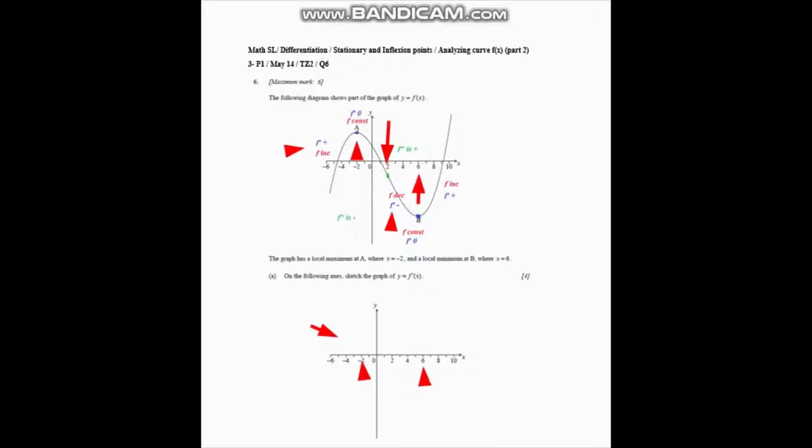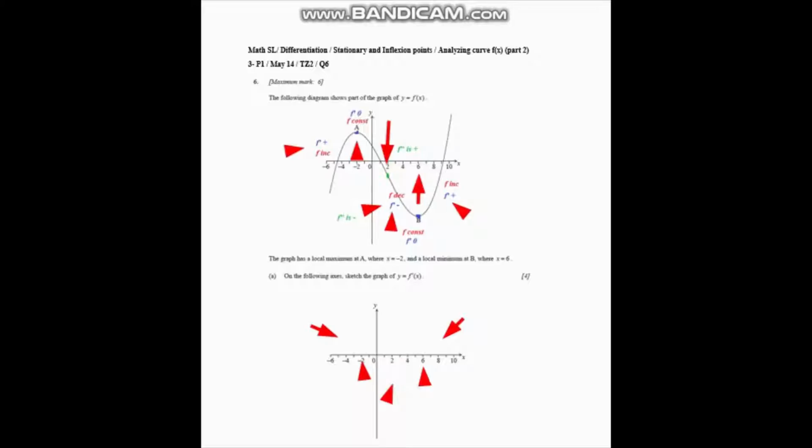And between them, we already mentioned that f dash is negative, so I expect my graph to be below the x-axis. Finally, after B, f dash is positive for the rest of the graph, so I expect f dash to be above the x-axis.